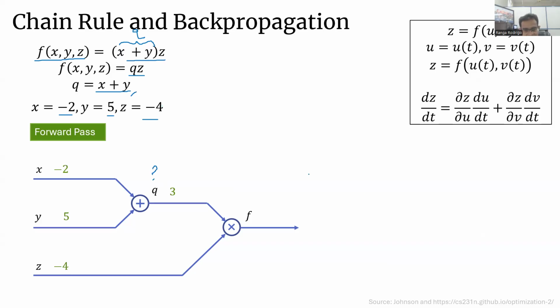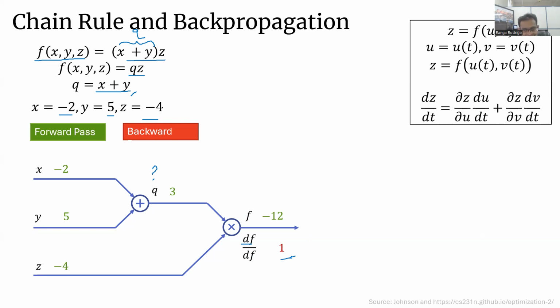Now, how do you compute f? f is equal to q z. So -4 times 3 is -12. That's a forward pass. Now the backward pass. First of all, df by df is 1, right? df by df is 1, you know that.